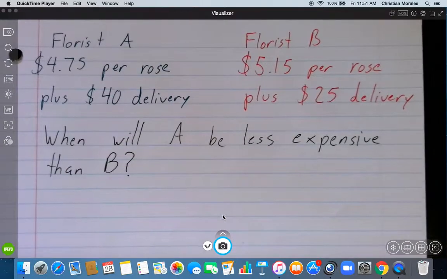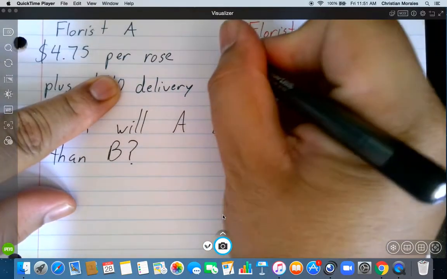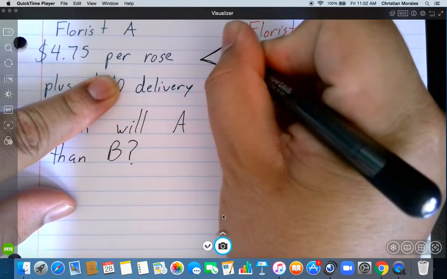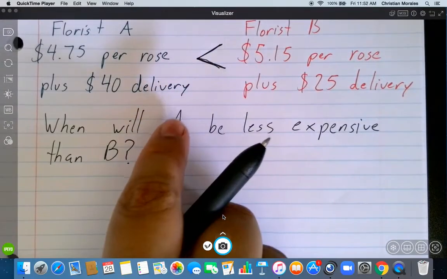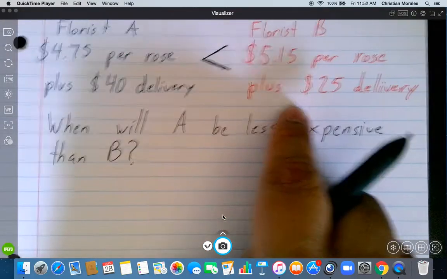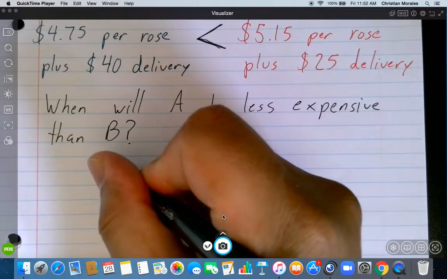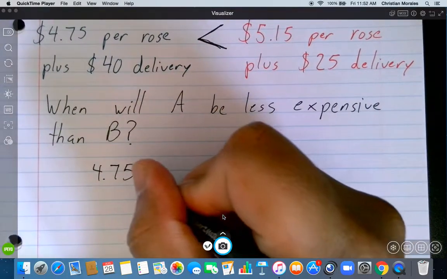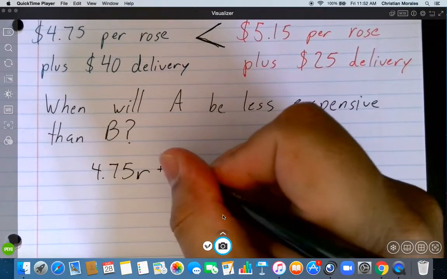So here's how to explain it. When is this option less than that option? When will this be less than? So I want to write an inequality to represent the situation. So $4.75 per rose, I'm going to put R for the rose, plus 40.